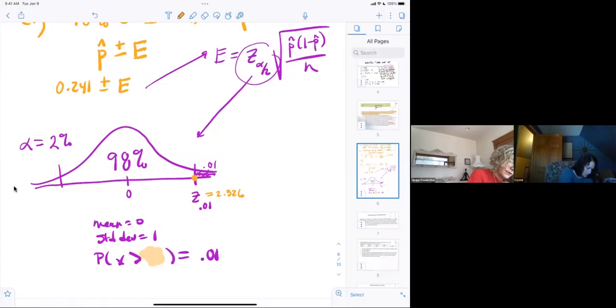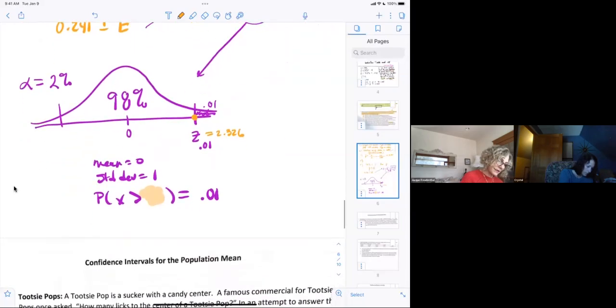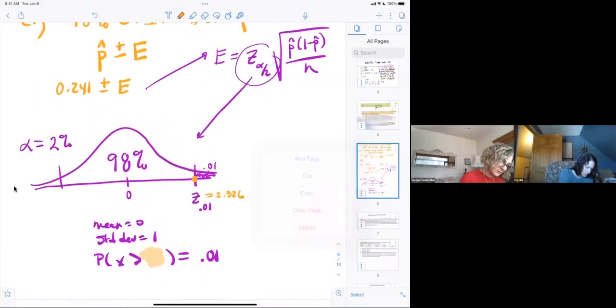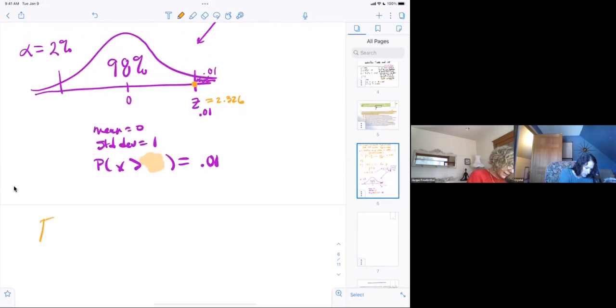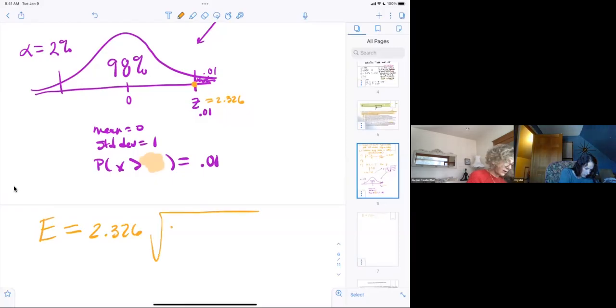So in my error formula, I get 2.326, and then I'm going to multiply that times. I've got to get myself a little more room, so I'll write down here on another page. So in my error formula, error equals my critical value, 2.326, times the square root of P hat, which was 0.241, times 1 minus 0.241, all over the sample size.